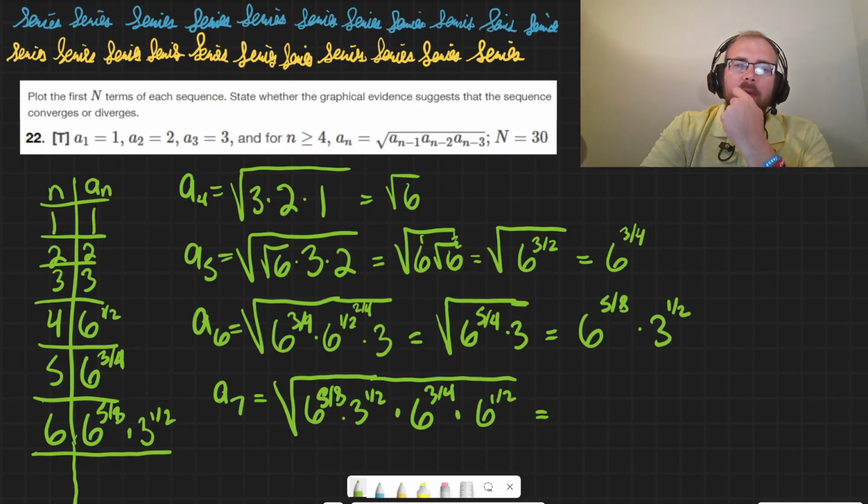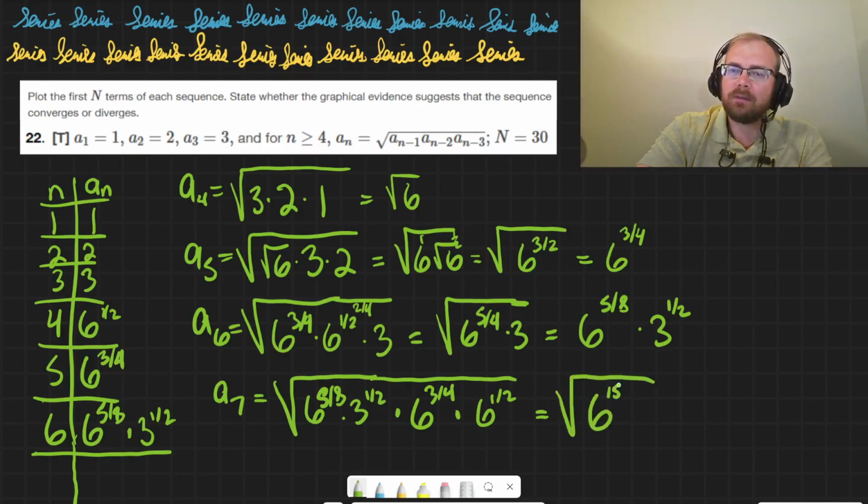So then 5/4 would be 10/8, and then 10 and 5 make 15, so 15/8. So the square root of 6 to the 15/8. And then we have that 3 still, 3 to the 1/2.